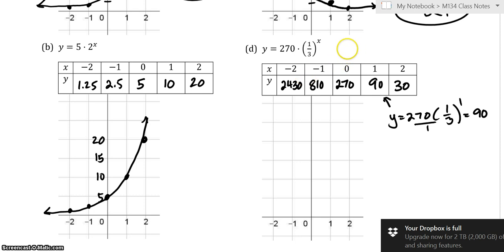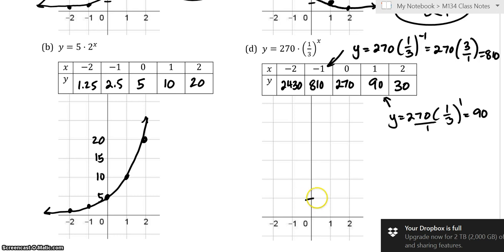So, just to see one of these, y equals 270 times 1/3 to the negative 1. What does that mean? We can flip this. We learned that in Appendix G. That would be 3 over 1. So it's just 270 times 3, which is 810.